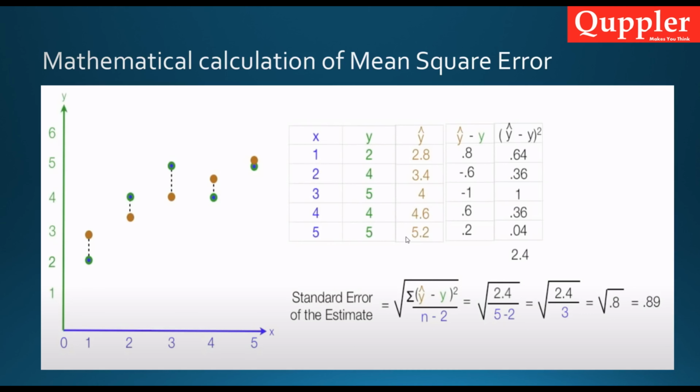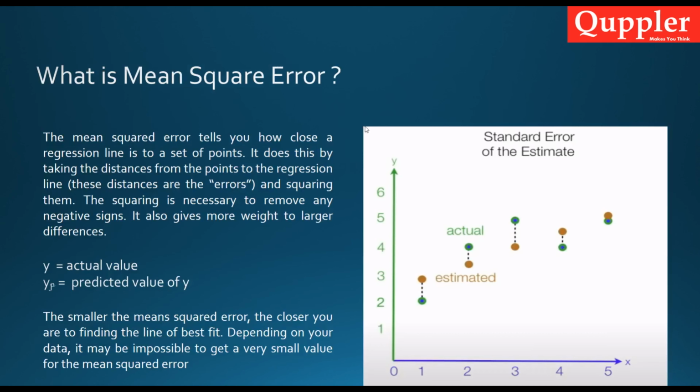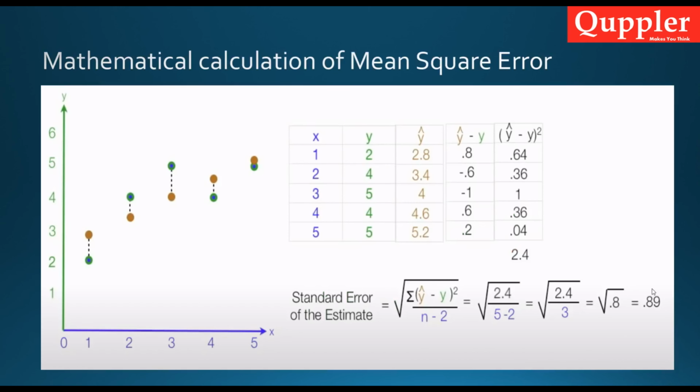So for these 5 data points, I'm going to do n minus 2, which is 5 minus 2, that is 3. So 2.4 by 3 is 0.8. The square root of 0.8 would be 0.89, which is my mean square error. I already told you it's nearly impossible to get a very small mean square error, but the smaller the mean square error is, the more accurate your model is.